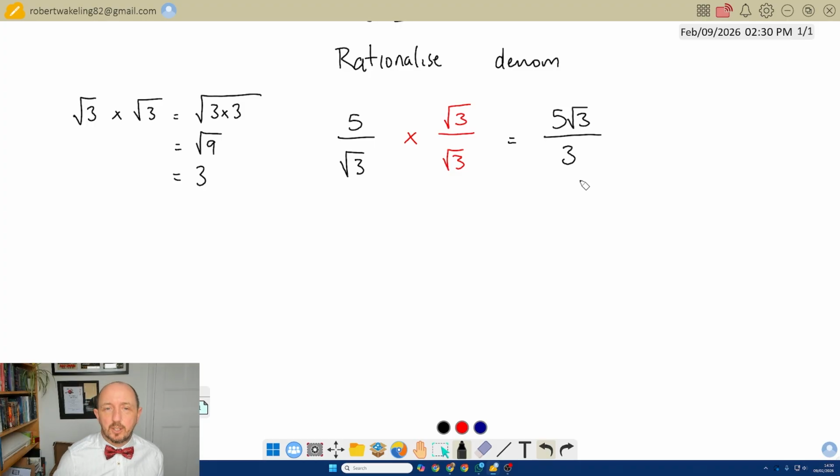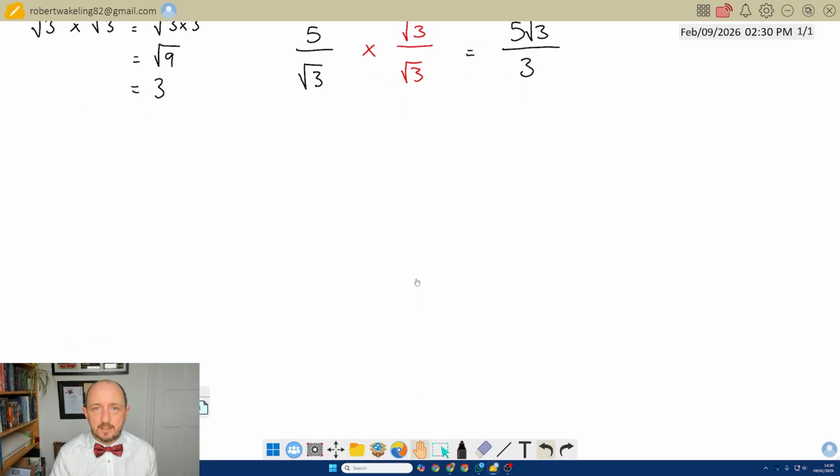Okay, so if it's a single term, like root 3, root 11, whatever it is, times top and bottom by that. The second type, which is probably the hardest, is if you have root 3 plus 1.